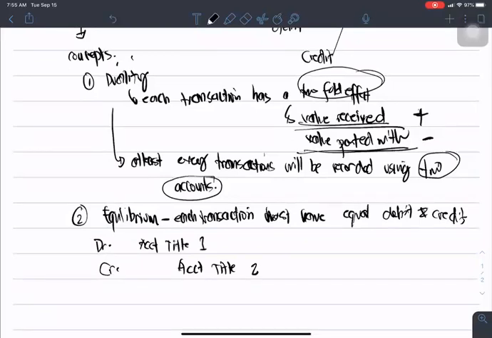Value parted with can either be a debit or a credit. Sir, why do we say that value received can either be a debit or a credit? Because guys, remember, when we say debit or credit, it is based on whether it is an increase. Okay? Debit or credit again, it may be a decrease. It depends on the element.